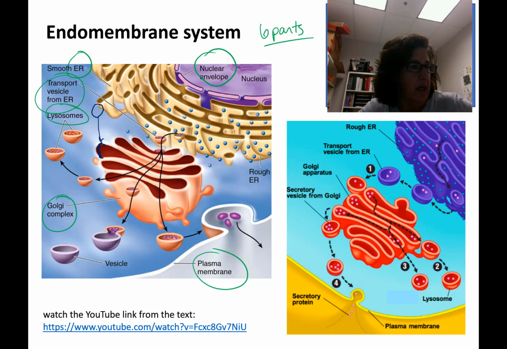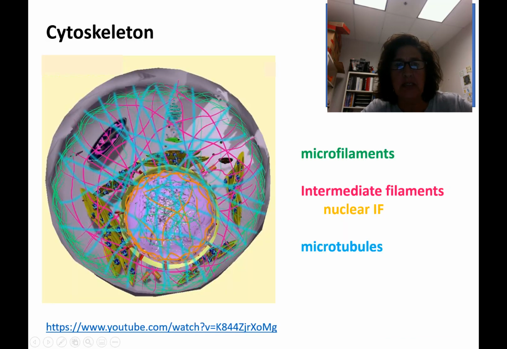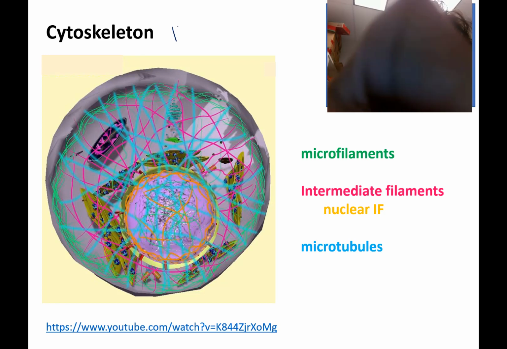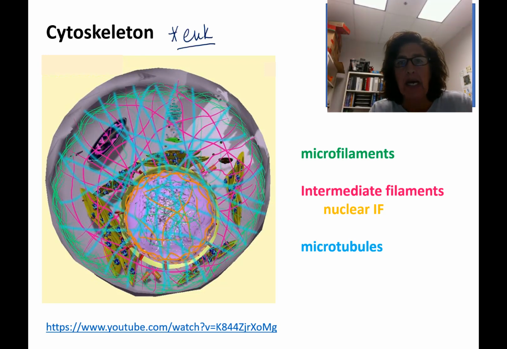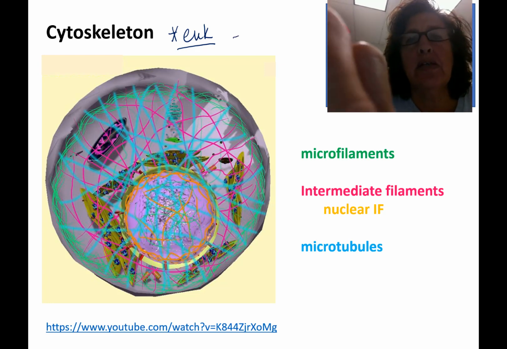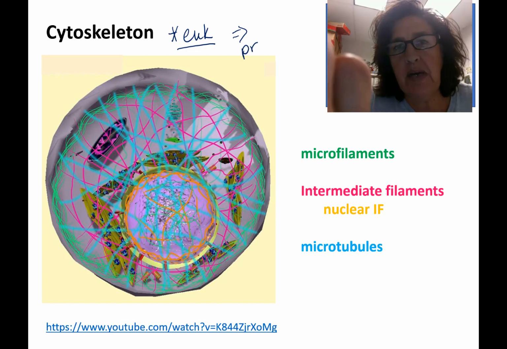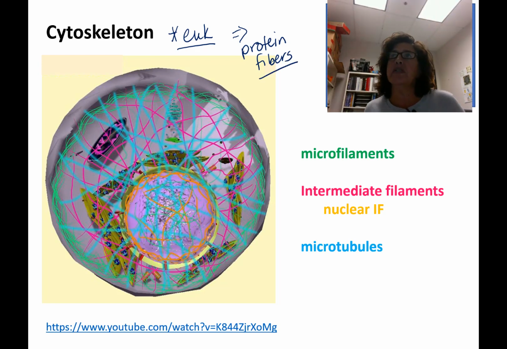Okay, we have one more kind of classification of organelles that we're going to talk about, and that is the cytoskeleton. This again is in eukaryotic cells. These microfilaments, intermediate filaments, microtubules, these are all protein fibers. And we'll talk about proteins in the macromolecules of the cell, but hopefully you've thought about protein, right?